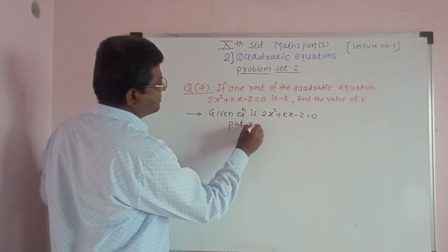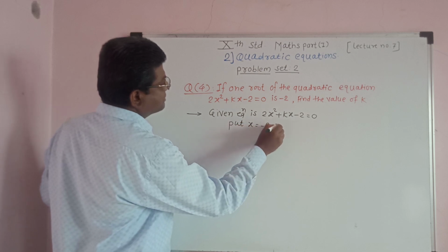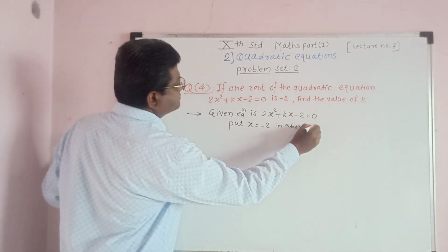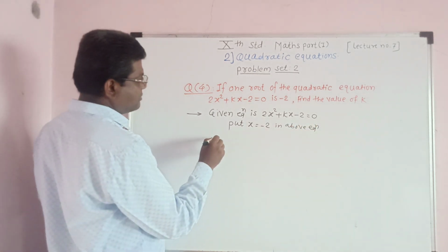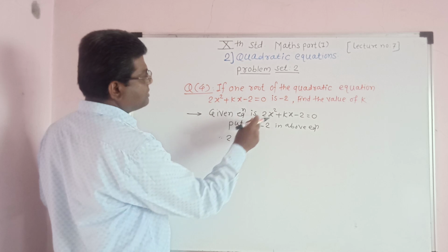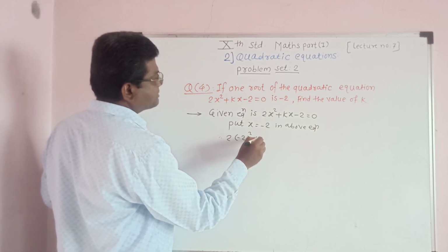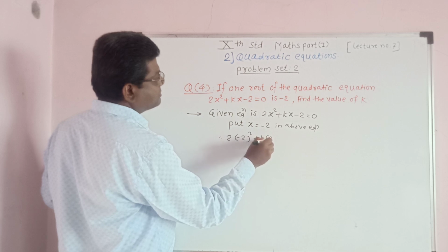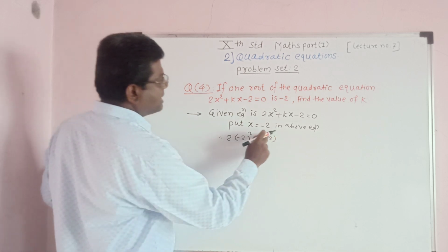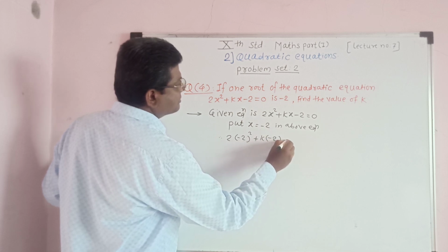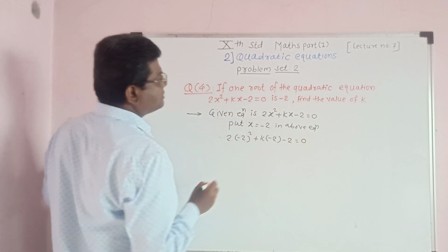Put x is equal to minus 2 in above equation. Therefore, we have 2 into value of x is minus 2 square plus k into minus 2, minus 2 is equal to 0.